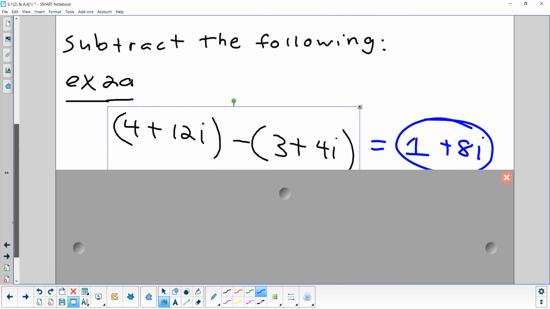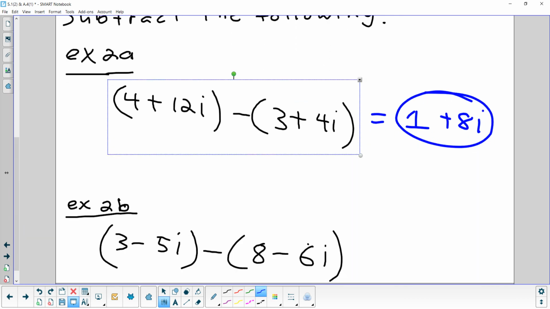Right, and let's try that one. 3 minus 5i minus 8 minus 6i. Anyone think they can give me just the final answer? James?